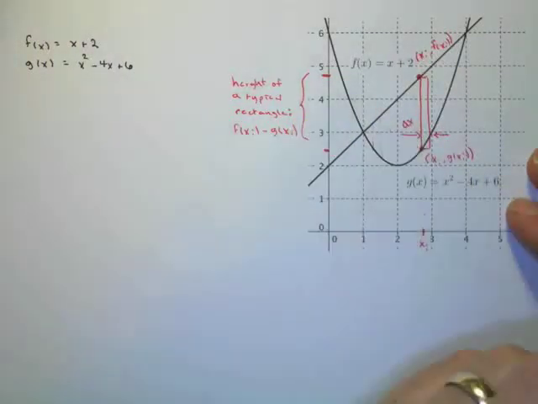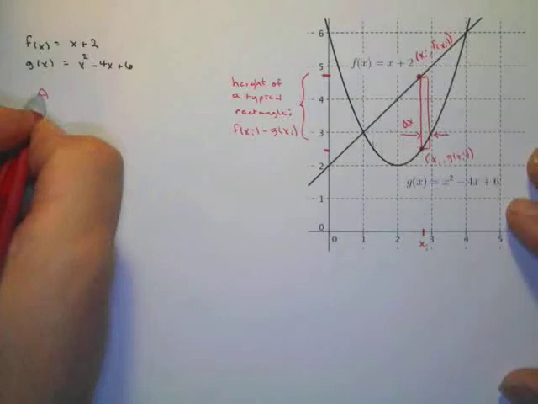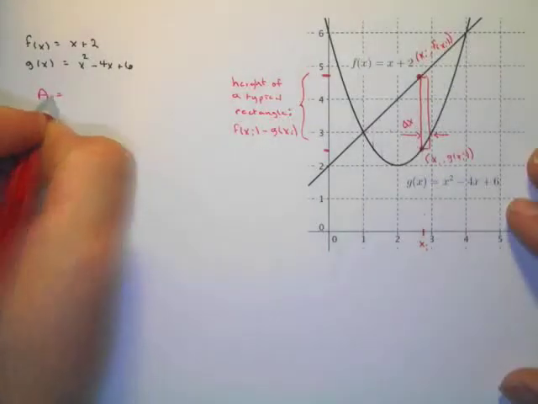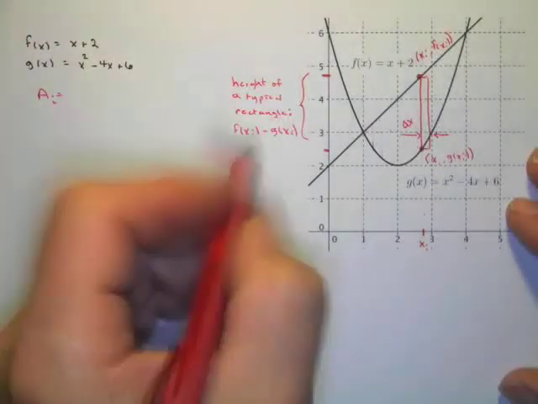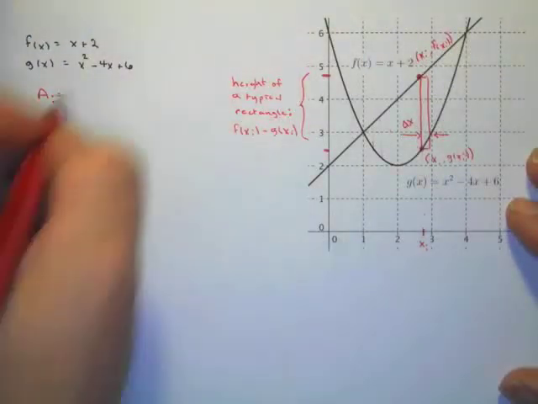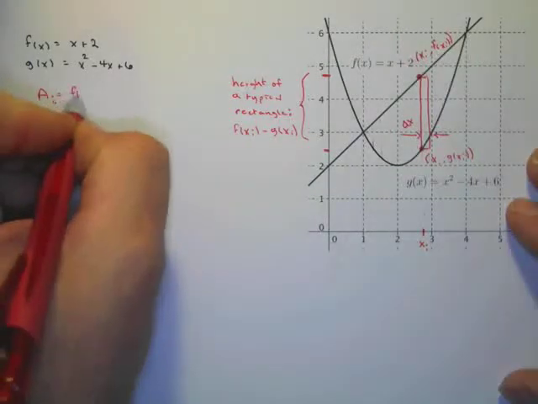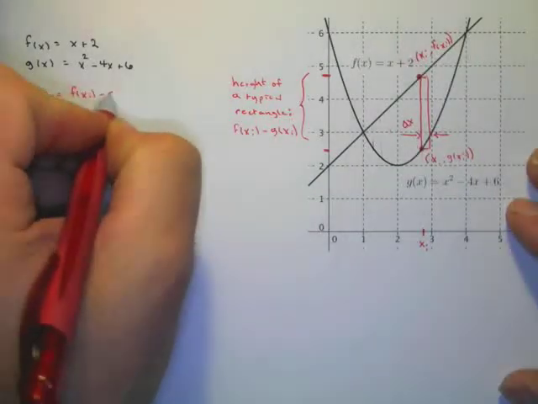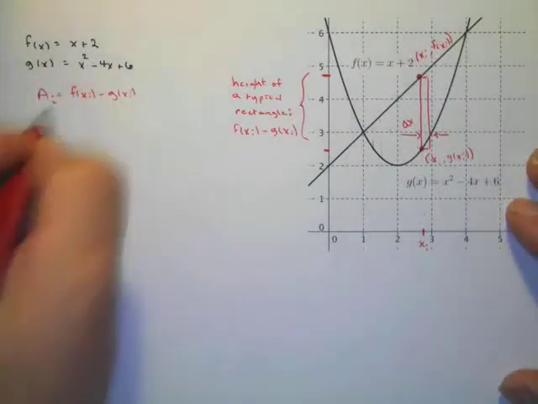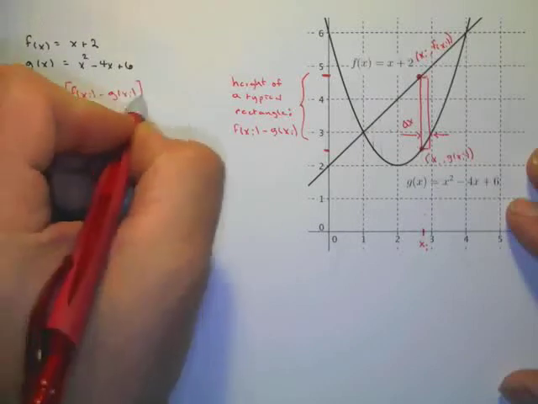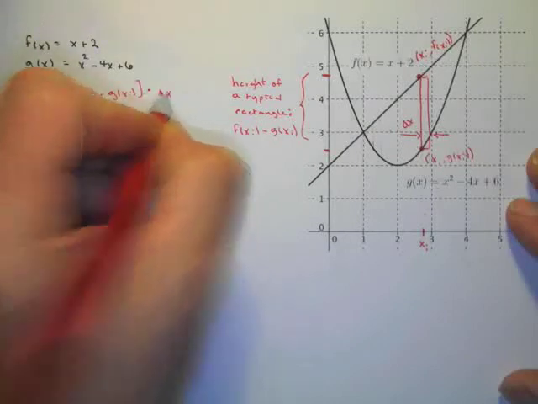So now the area of the ith rectangle, A sub i, is the height, which is f of x sub i minus g of x sub i, multiplied by the width, delta x.